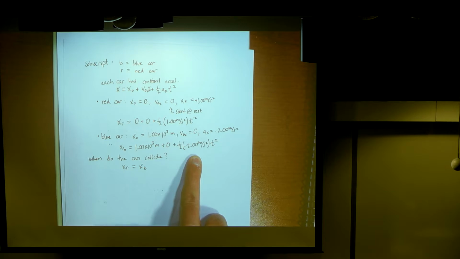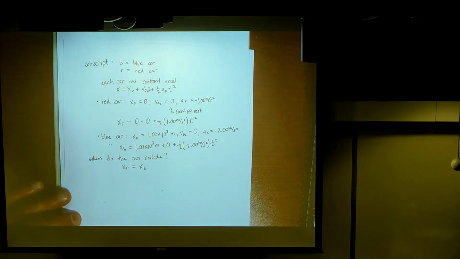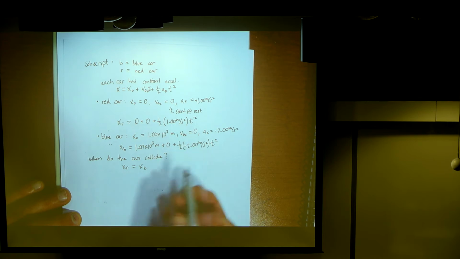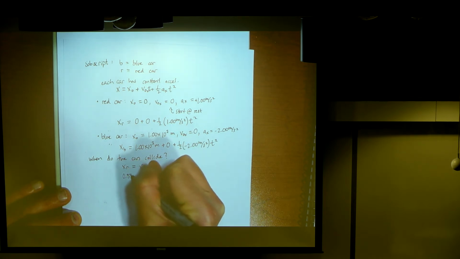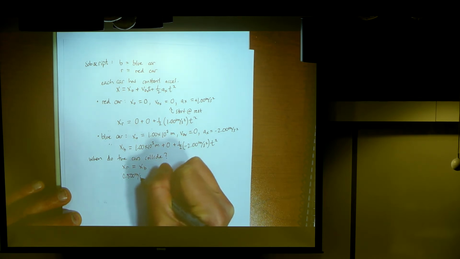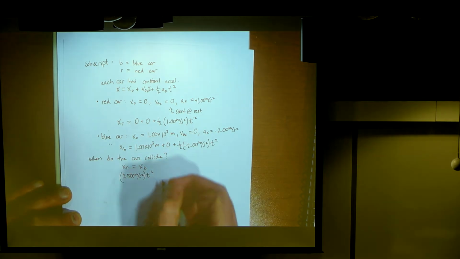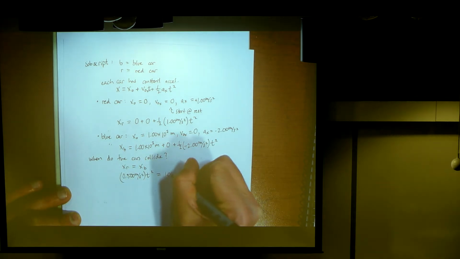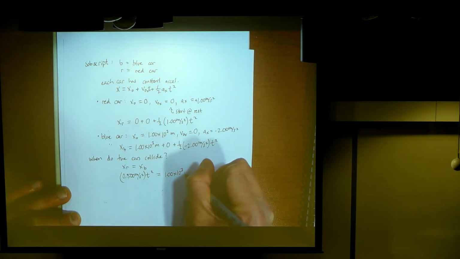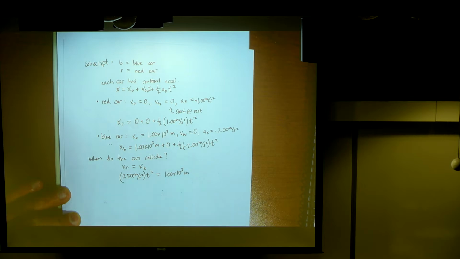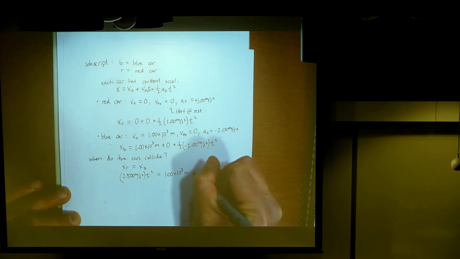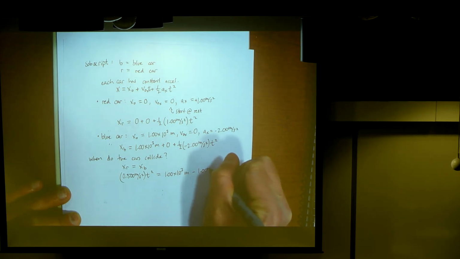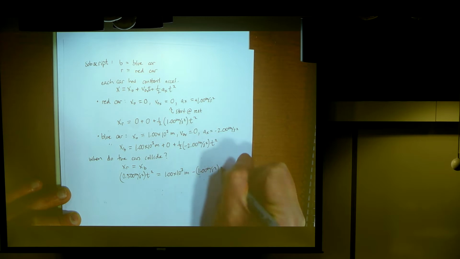You all see that? So we have XR, which is 1/2 times 1, that's 0.5 meters per second squared, times t squared, equaling XB. That's this number, 1 times 10 to the 3 meters. And then we have 1/2 times -2, that's just -1 meters per second squared, multiplying t squared.